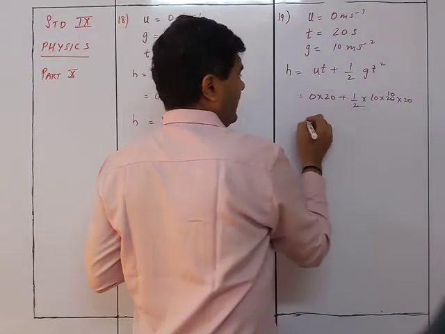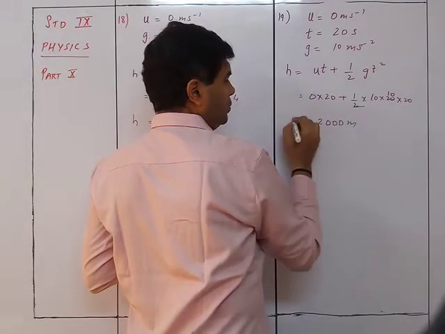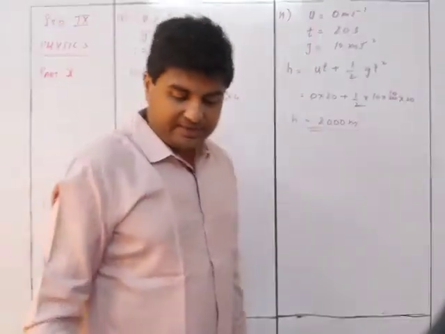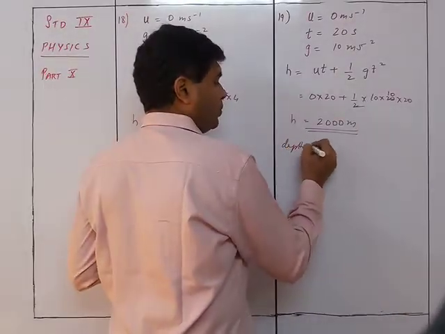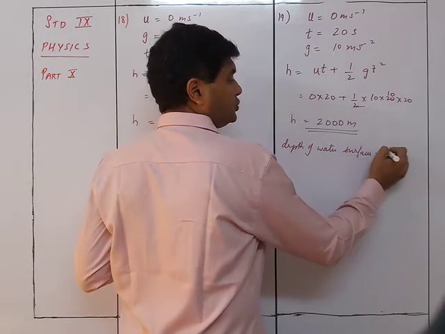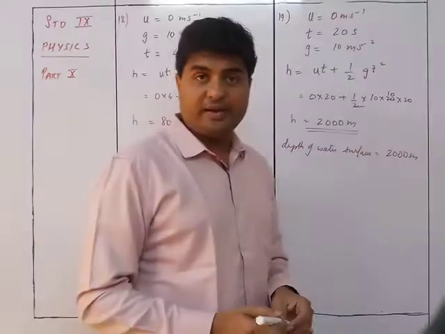That will give me 2000 meters. So the first part is the depth of the water surface. So depth of water surface is equal to 2000 meters. Very deep, it's a very deep well.